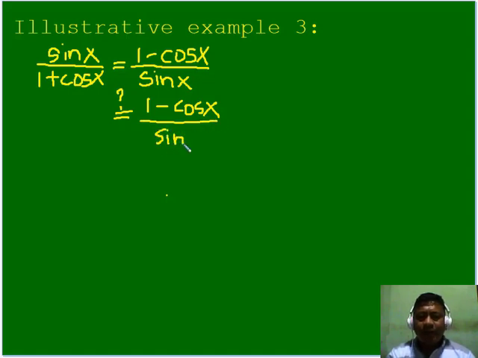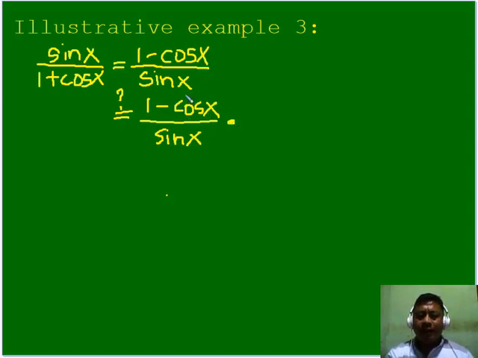The first thing we have to do here is to simply determine the conjugate of 1 minus cosine x. The conjugate of 1 minus cosine x is 1 plus cosine x.